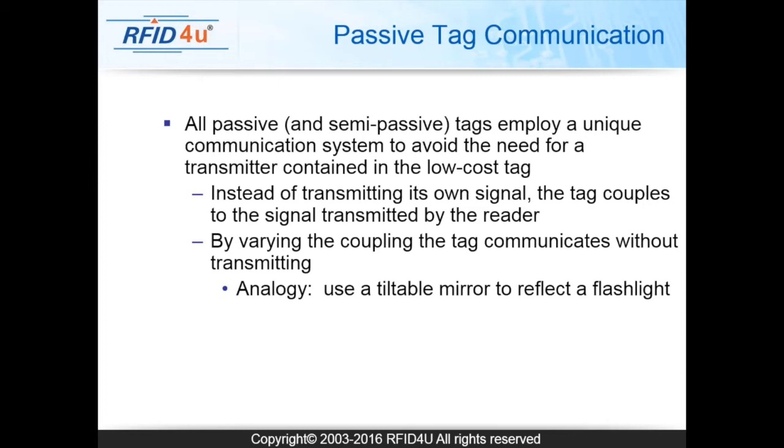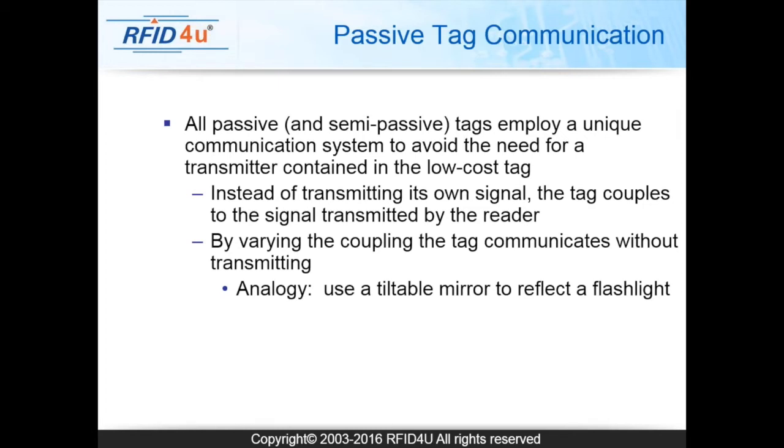It means that we're going to change some element within the transmission. For UHF, that's going to be the amplitude. By changing the amplitude of the wave, we'll be able to send data. And remember that everything within RFID is in binary, zeros and ones. So we either have a 1 or we have a 0.